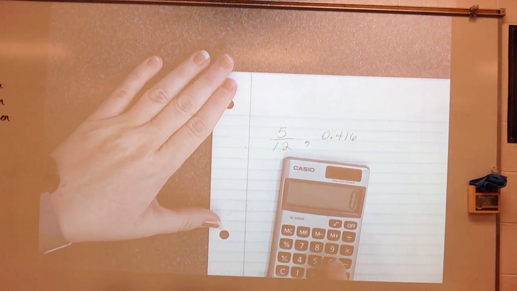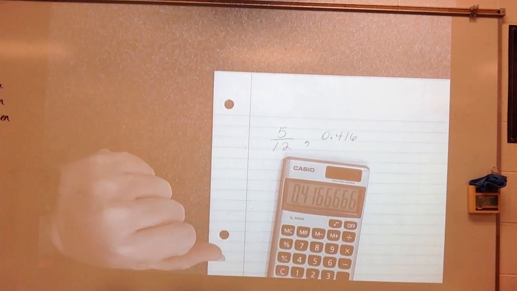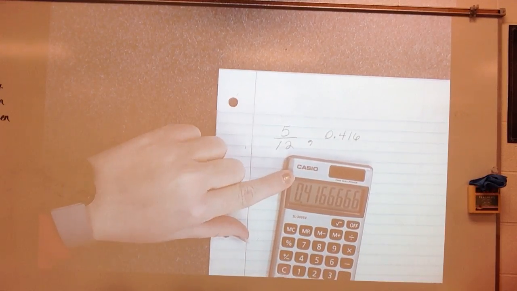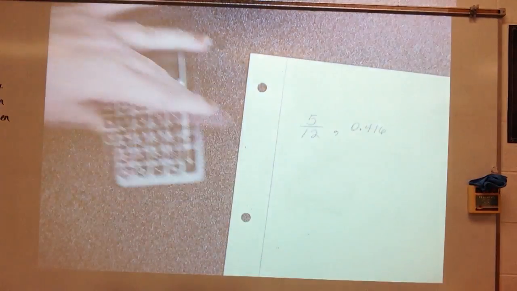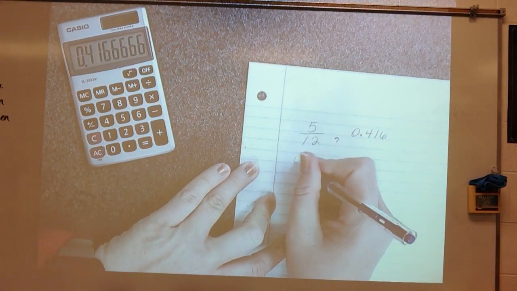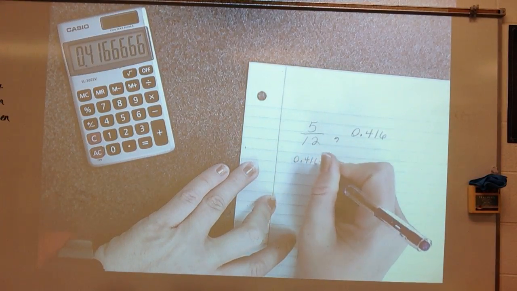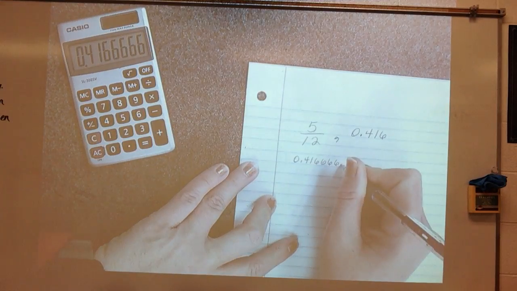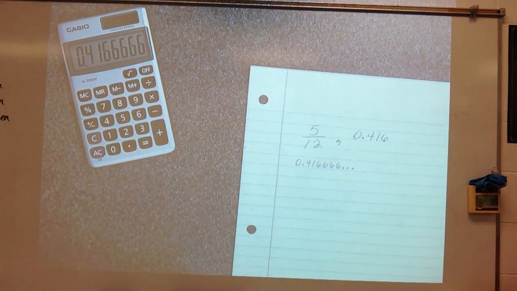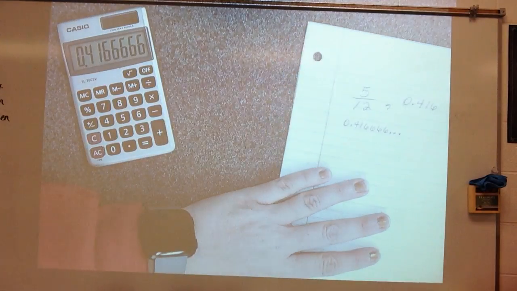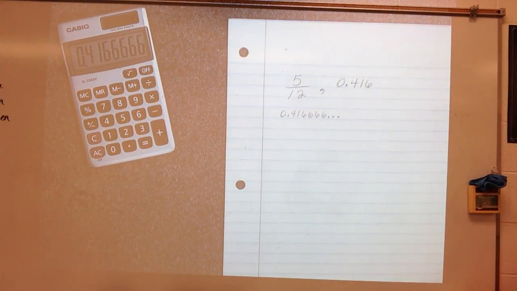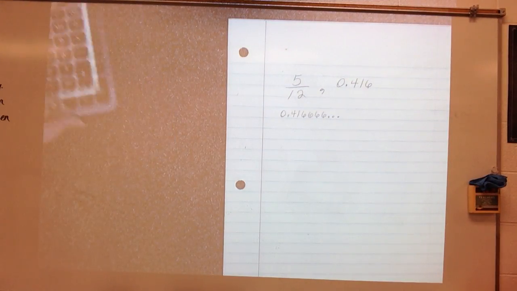When I do that, 5 divided by 12, notice what happens here. I get a repeating decimal. So 5/12 is actually 0.416666, and I'm going to put those ellipse dots there, because if you remember, that tells me that they keep going on.